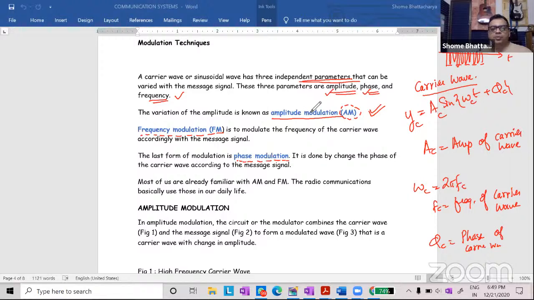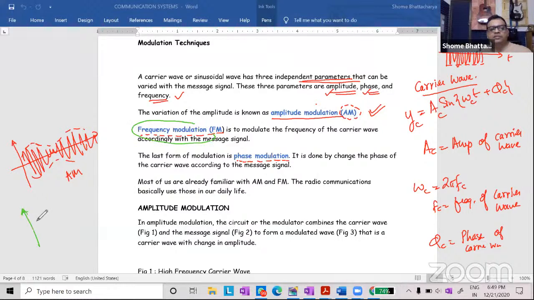But if we use the input signal to modify the amplitude, then we'll get a carrier wave where the amplitude itself is getting modified. After amplitude modulation it might look something like this. This is amplitude modulated. If we use the input signal to modify the frequency, then we will get a frequency modulated wave which might look like this: at places it will have uniform amplitude, but at places its frequency is high, and at places its frequency is changed.